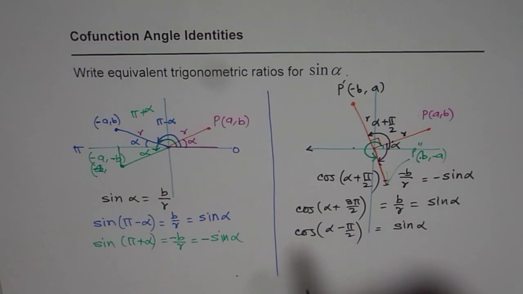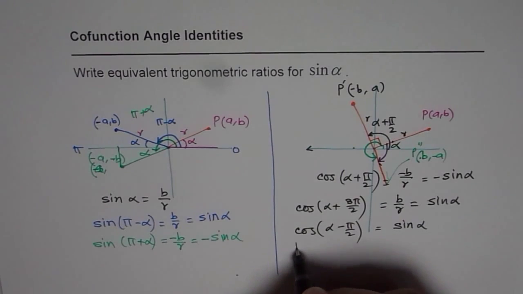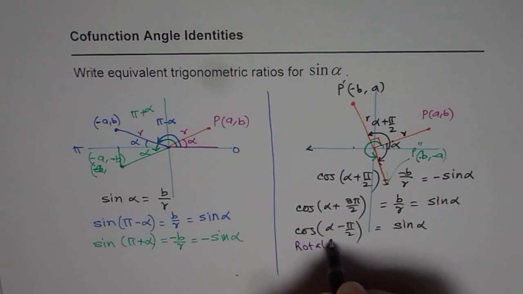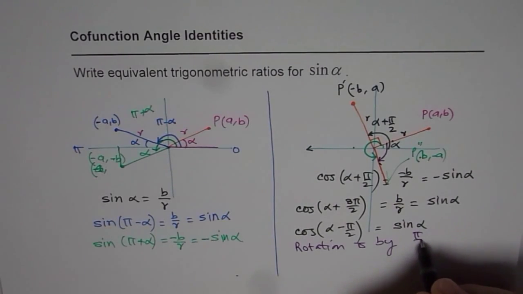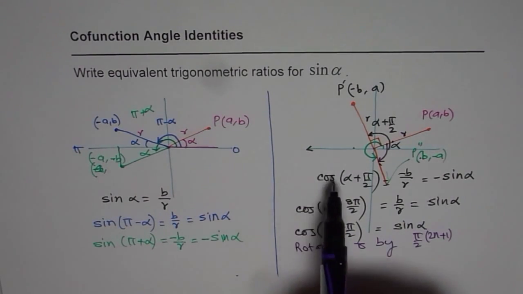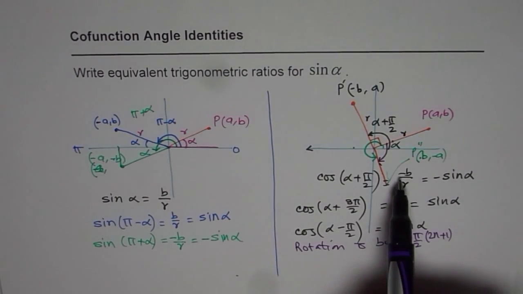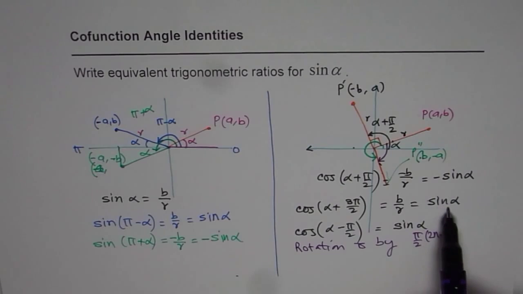So another easy way of looking into it is that if the rotation is by odd multiple of pi by 2, that is to say 2n plus 1 times pi by 2, in that case, depending on whether you are in quadrant 2 or in quadrant 4, cos of alpha plus this value is going to be either minus sine alpha or plus sine alpha.